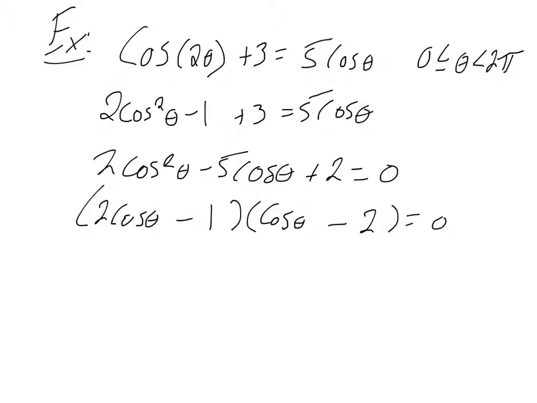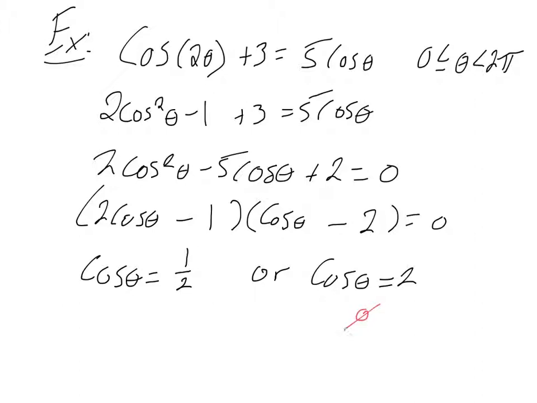So cosine theta has to equal 1/2, or cosine theta has to equal 2. Now, can cosine theta ever equal 2? There's no solution to that one, right? So the only solutions come from cosine theta equaling 1/2.